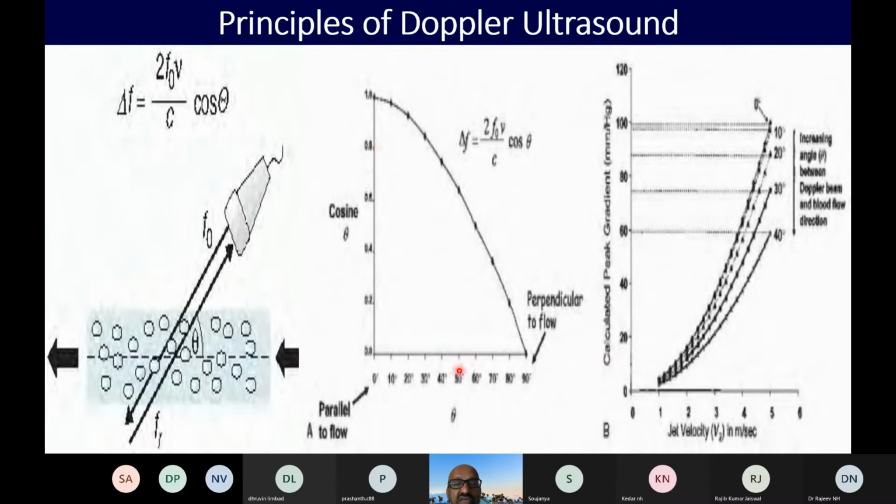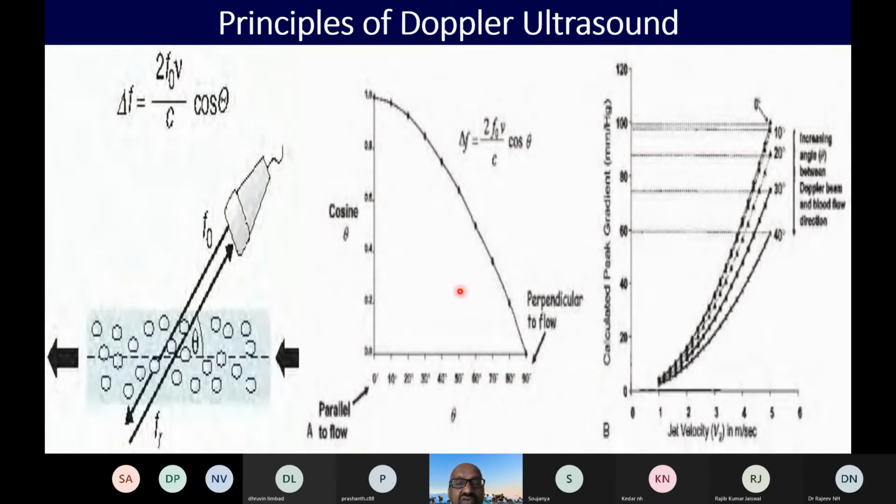But if the cosine theta is 0, which means that the echo beam is perpendicular to the flow of blood, the echo beam will not be able to determine the speed and velocity of blood.